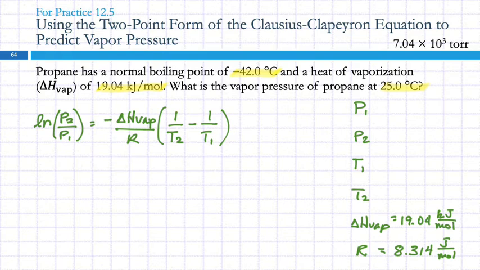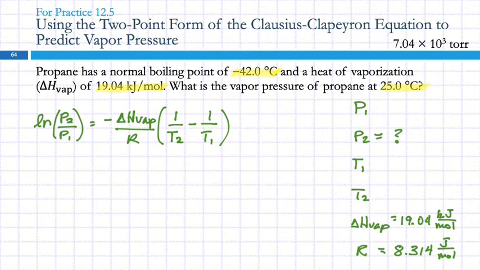We've got two temperatures. One is temperature 1 and one is temperature 2, and we can choose what we call it. Now, we're going to be solving for a pressure, and I know from experience it's easier to solve for pressure 2 because it's in the numerator. So I want pressure 2 to be what I'm solving for, and I'm going to choose the others accordingly.